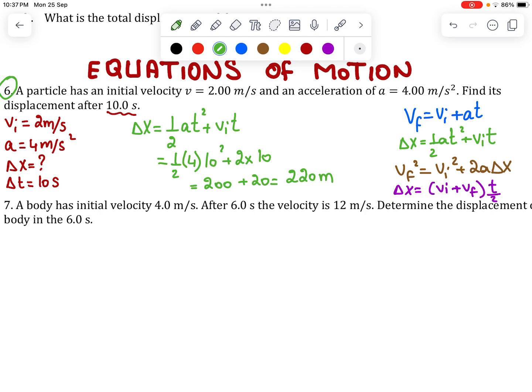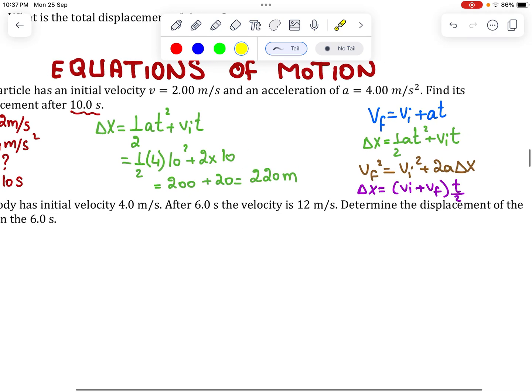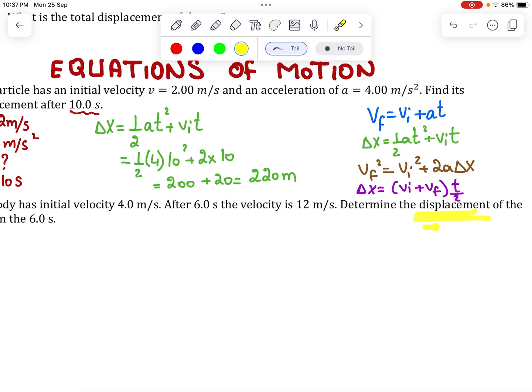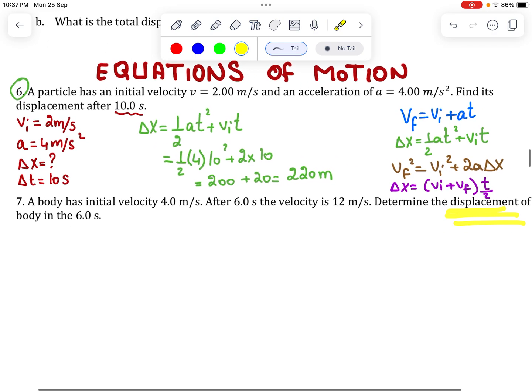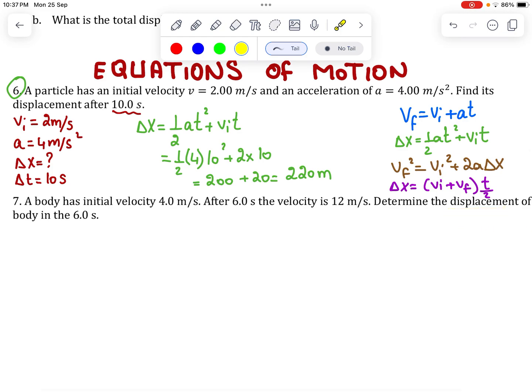The second question, number 7. Here I have a body that has an initial velocity of 4. After 6 seconds, the velocity is a final velocity of 12 meters per second. The question is to determine the displacement of the body in the 6 seconds.